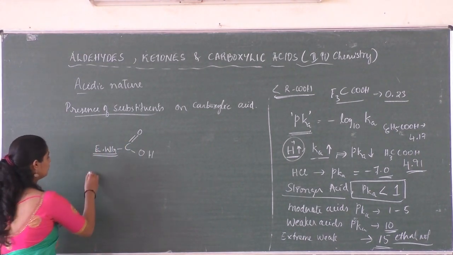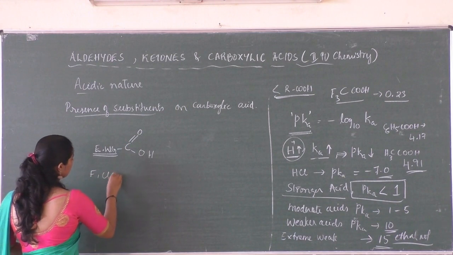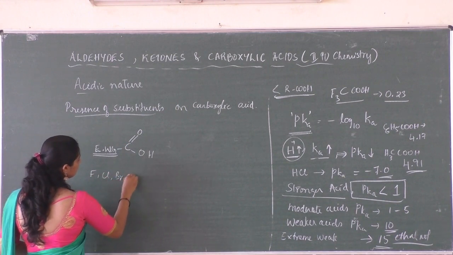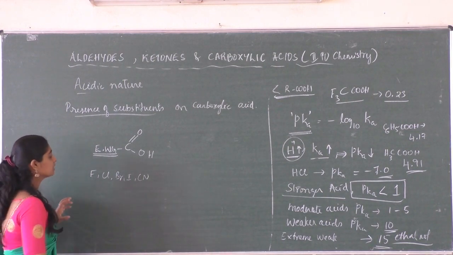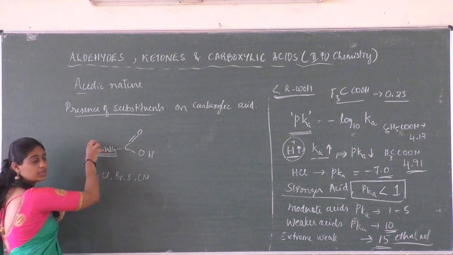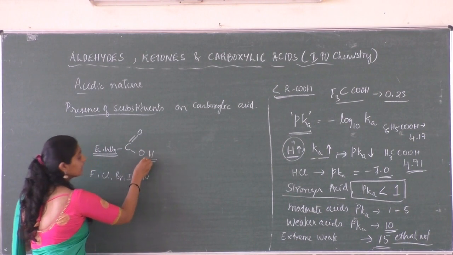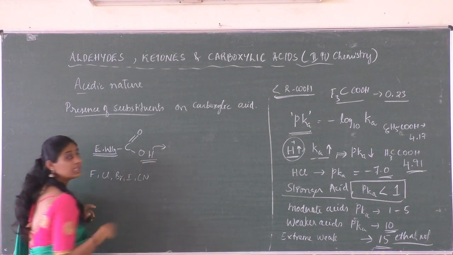For example, it may be fluorine, chlorine, bromine, iodine, cyano group, nitro group, etc. What it does is it pulls the electrons towards itself, and thereby the H plus ion can be cleaved easily.